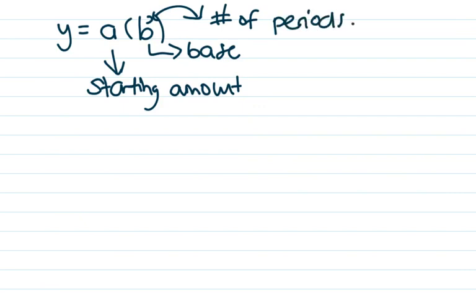Okay, so to determine the rate of growth or decay, first we're going to need to know if it's growth or decay. If the base is greater than 1, it's going to be growth.